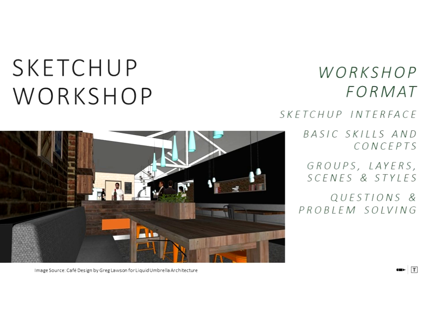They're the two main ways that we organise our geometry, both physically and visually. And then we're going to look at saving some scenes within our model and modifying styles as well. That gives us more control over our visual output in our SketchUp work. So any questions and problem solving as we go along, type them into the chat section and we'll see if we can't address those on the hop.